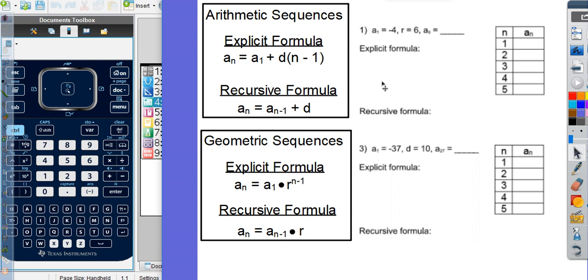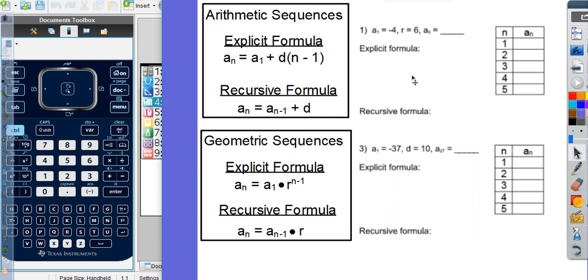So that's kind of the big thing right there, is that will be an exponent. All right, so what we're going to do is first take a look at two questions. And it doesn't tell you if these are arithmetic or geometric. And using what we have here, we're going to try to figure out which one's arithmetic and which one's geometric. So if you take a look at this, the thing that stands out to me is this R right here. And R is a geometric sequence thing.